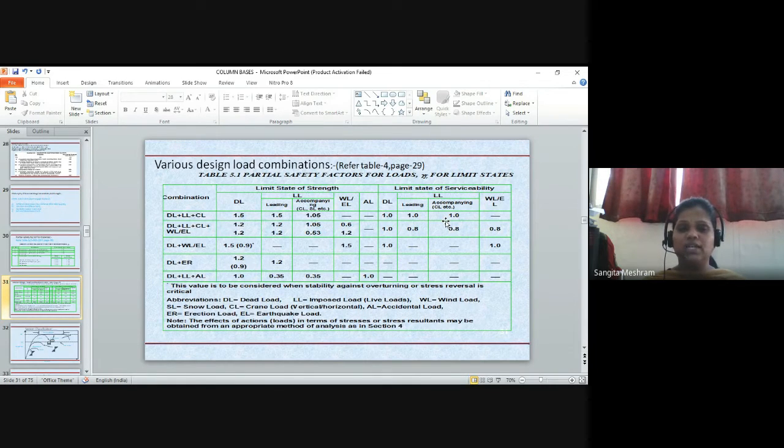If we use dead load plus live load plus crane load, then for the limit state of strength we have to consider this factor, and for the limit state of serviceability we consider different factors. These are the different combinations we can use for designing, and the design load combinations are given in this table.